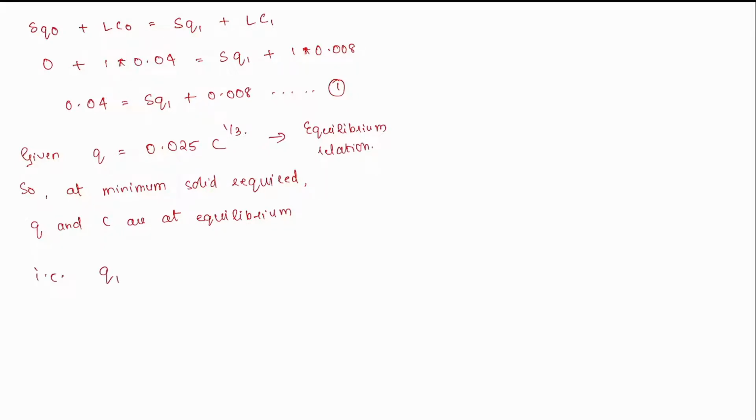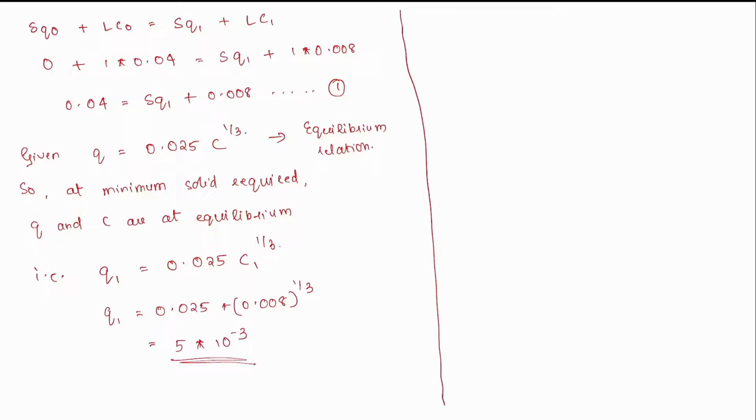So we can write Q1 is equal to 0.025 C1 raised to 1 by 3. We have the value for C1, substitute it, and we can find the value for Q1, which is 5 into 10 raised to minus 3.